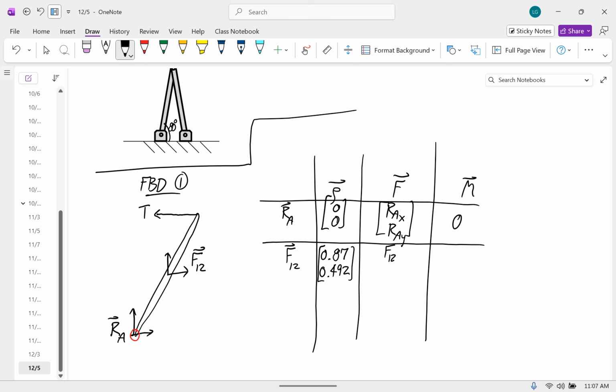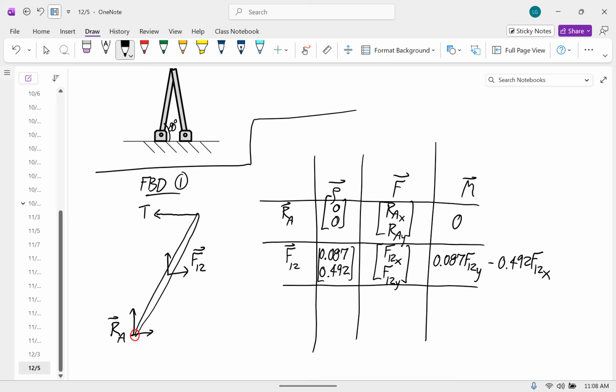Force is F12X, F12Y. Cross product is, I wrote this wrong. This is 0.087, so we got 0.087 F12Y minus 0.492 F12X.